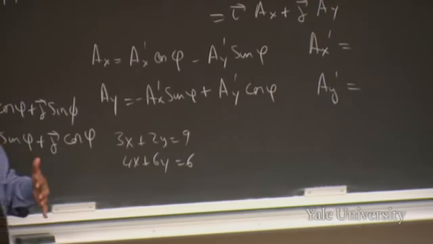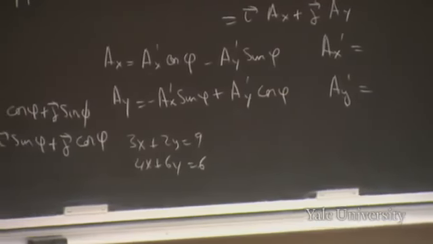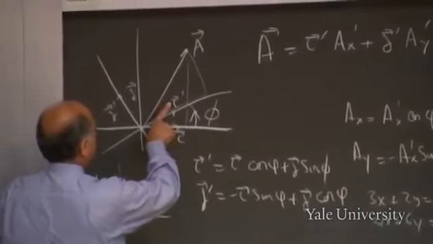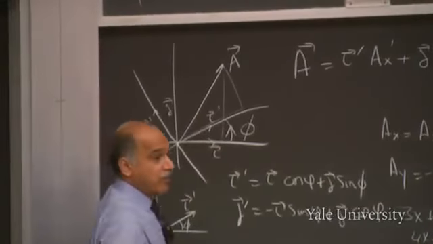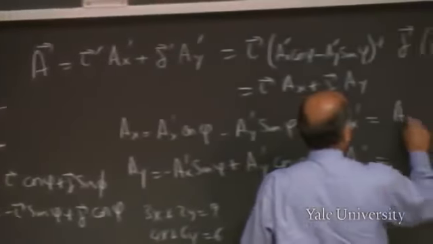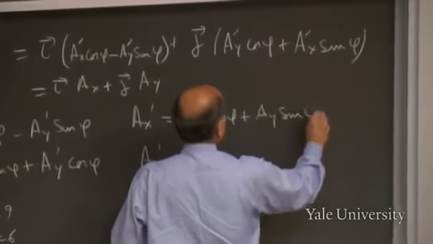And the idea that he had was, if you go from me to you with a clockwise rotation, you go from you to me by a counterclockwise rotation. Therefore, if I go by phi to you, then you must go by minus phi to come to me. That's correct. So you will find then the result is ax cosine phi plus ay sine phi.